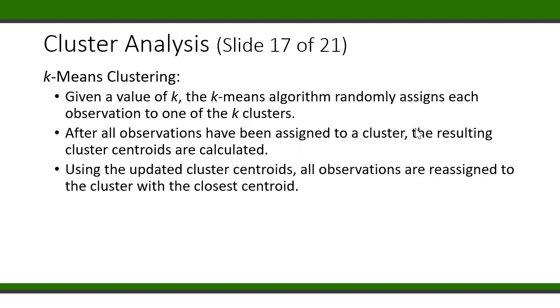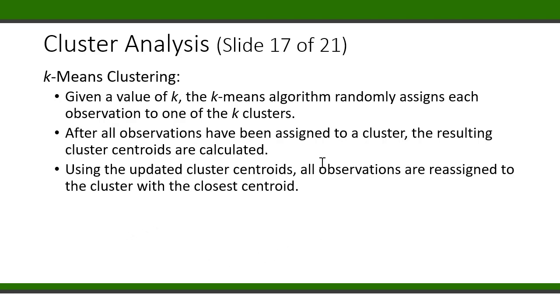The next thing we want to talk about is k-means clustering. So what this means is you have an algorithm. An algorithm is just a set of computer program steps that randomly assigns your observations to one of the K clusters. So after all your observations have been assigned, then it calculates a centroid or a central measurement of that cluster.